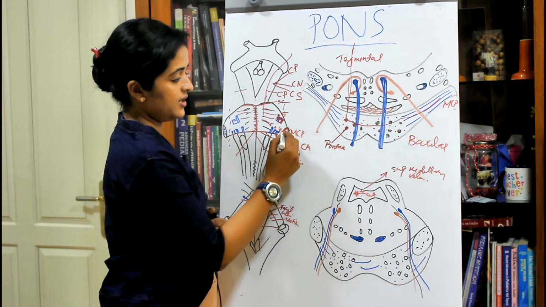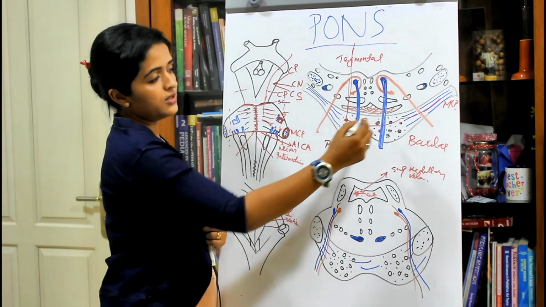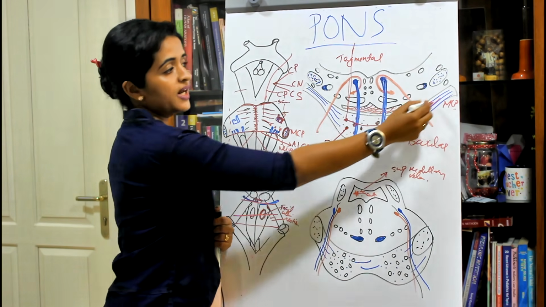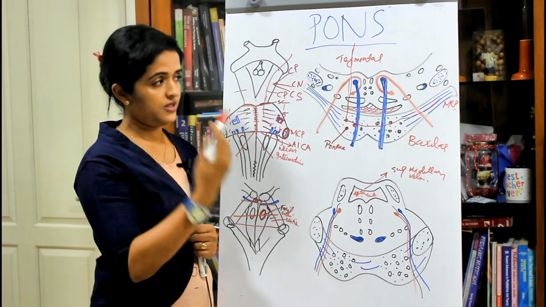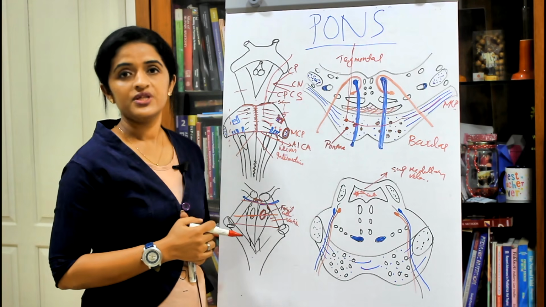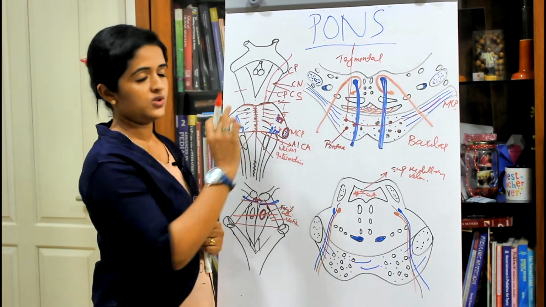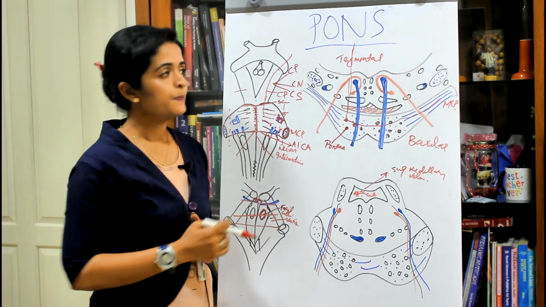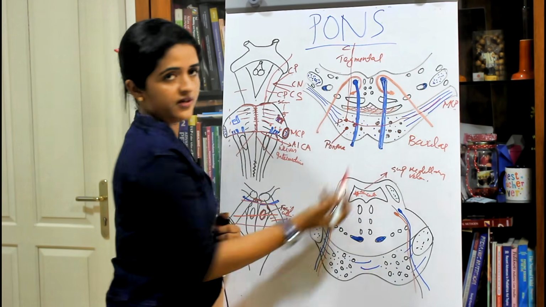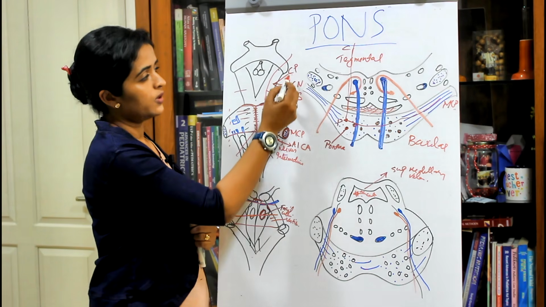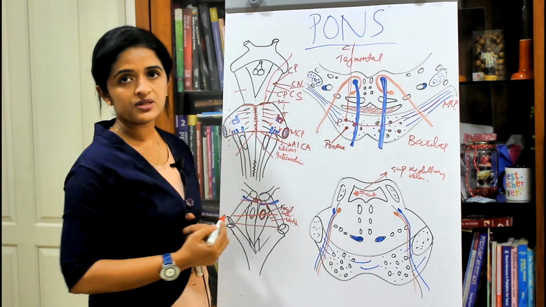We have already mentioned that this is the middle cerebellar peduncle. So the pontocerebellar fibers reach the opposite side of the cerebellum, passing through the middle cerebellar peduncle. So that is the corticopontocerebellar pathway.